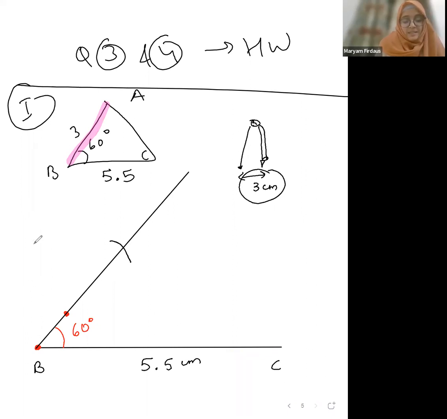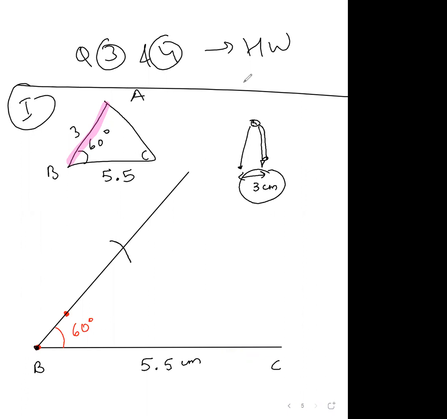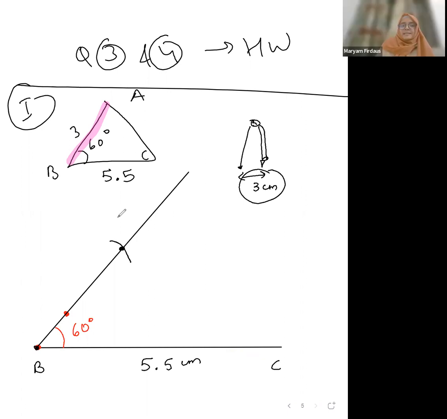With B as center means जो आप arc बना रहे हो उसका center is B. So the needle should be at B and then you draw the arc of 3 centimeters. Understood now? Okay, I did. Done. Good. Name this point as A. Okay. Done.